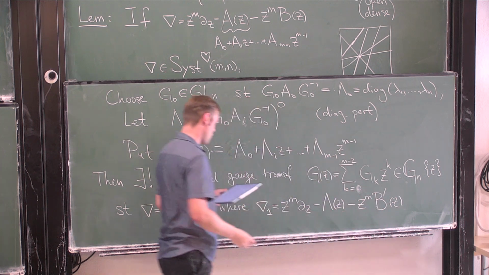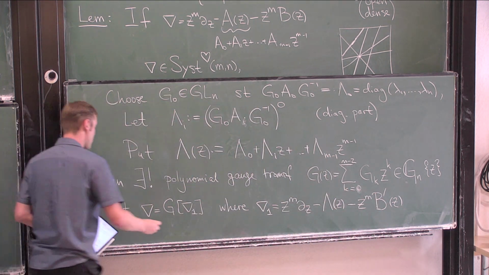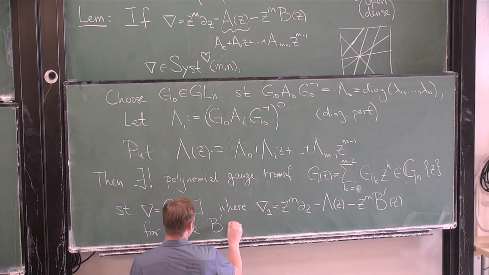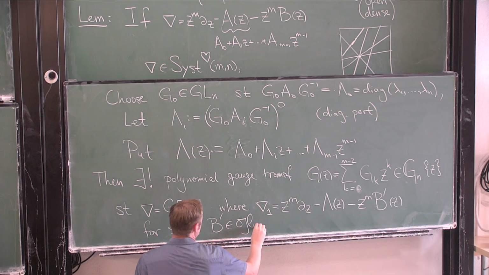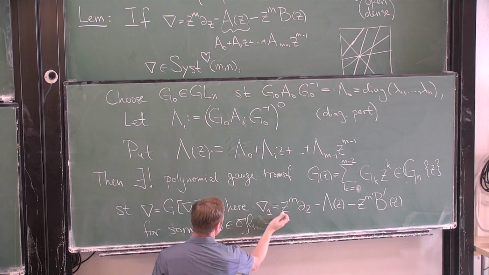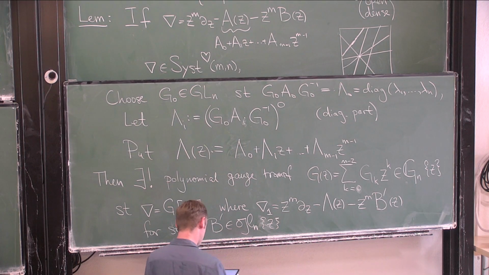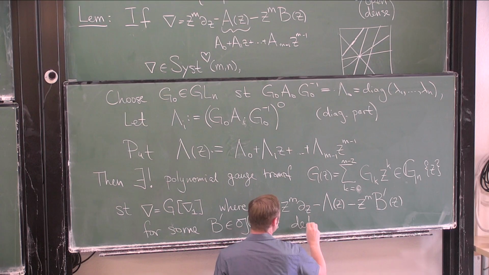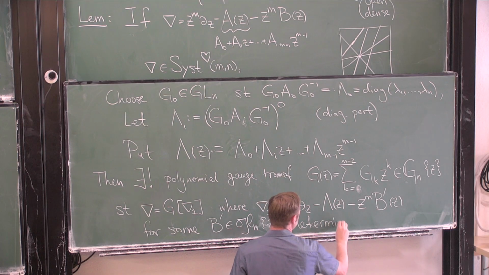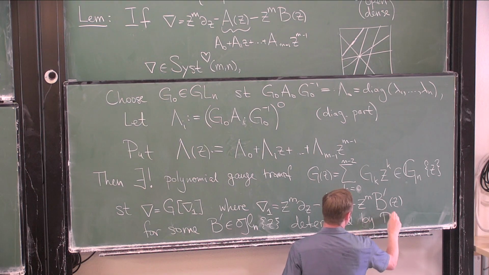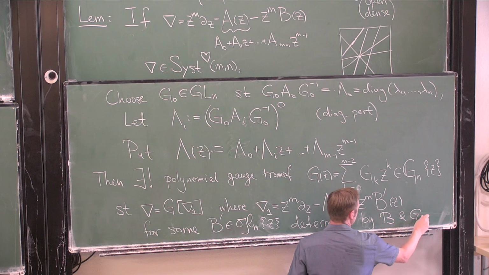And then all the other junk gets relegated into this B prime, for some B prime, which is just some matrix of convergent power series, determined entirely by B and G.